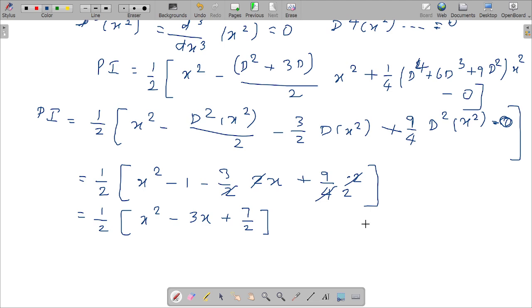Then what is the complete integral now? Finally, write the complete integral equal to complementary function plus particular integral. What is the complementary function?